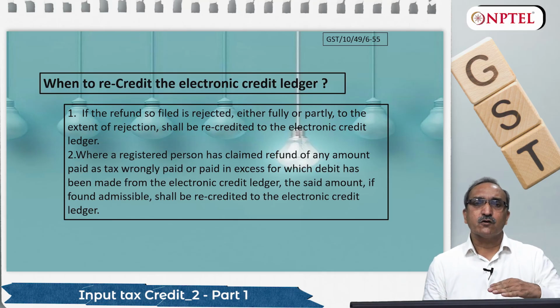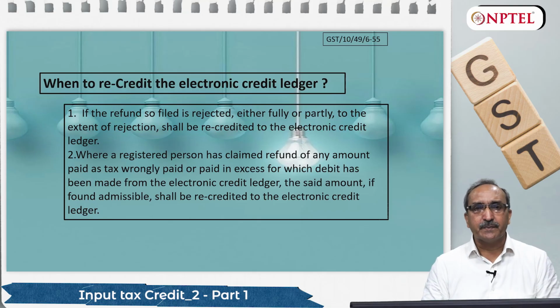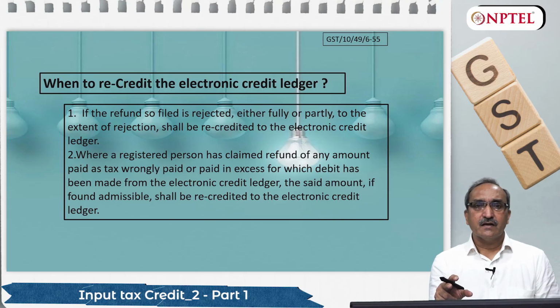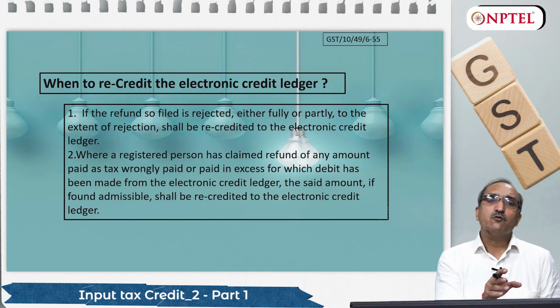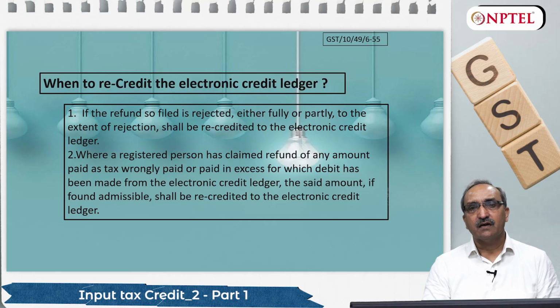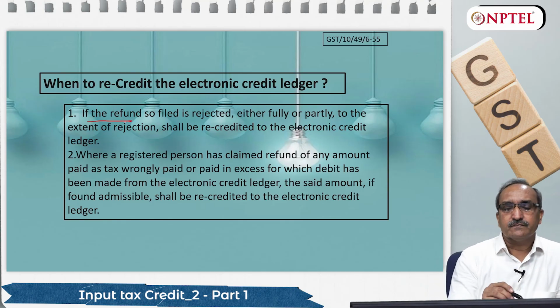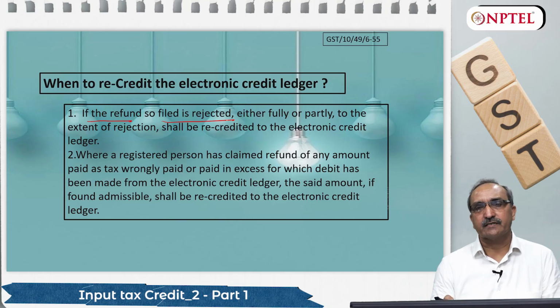So if your credit ledger was debited once upon a time because of payment of your taxes, it can be recredited also. Credit was given when procurement was done, and debit was done when you pay taxes out of it. And there are cases when recredit is required and recredit happens. How? If the refund so filed is rejected.